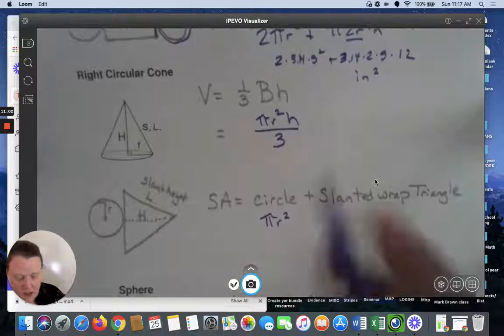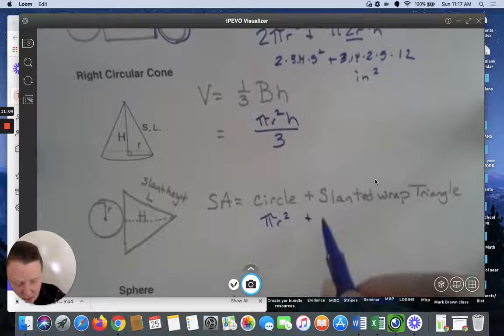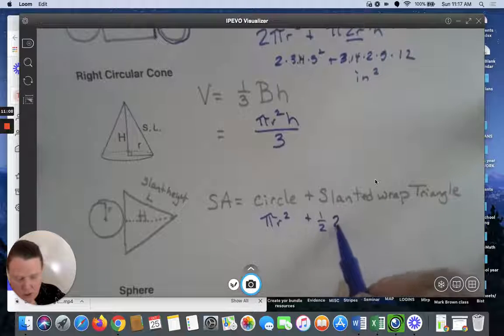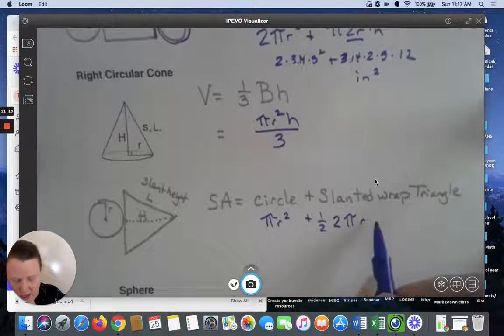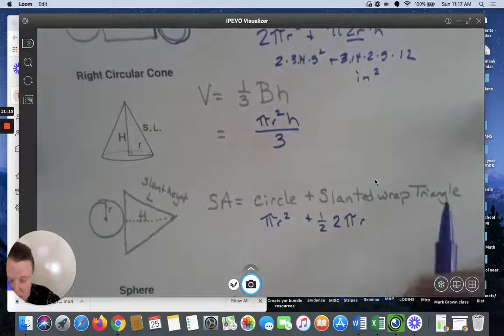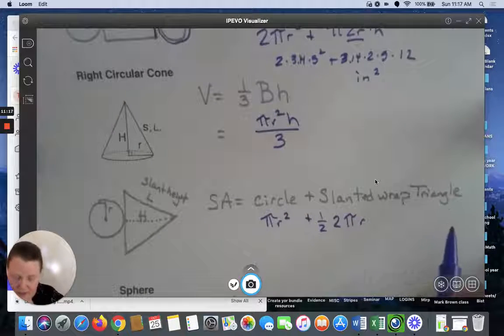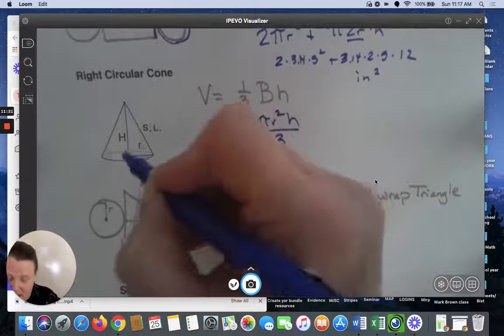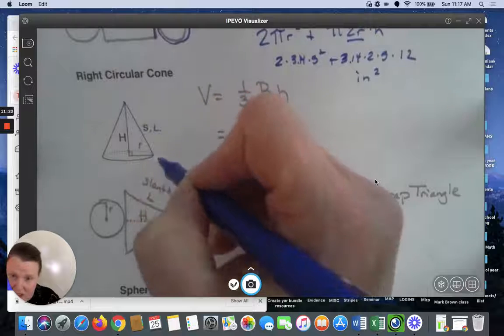And so the formula that the book would look up looks like this: 1/2 2 pi r, and then in our case the height would be the centerpiece right there. And so we would have the height, which in our case would be the slant height, because this height is the height of the volume and it's not actually touching the slant height.